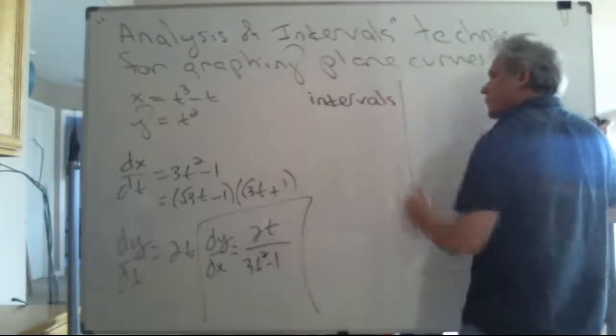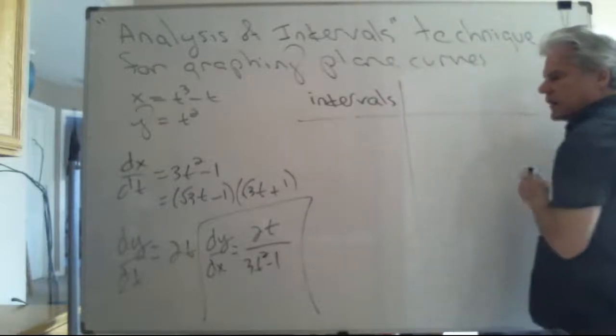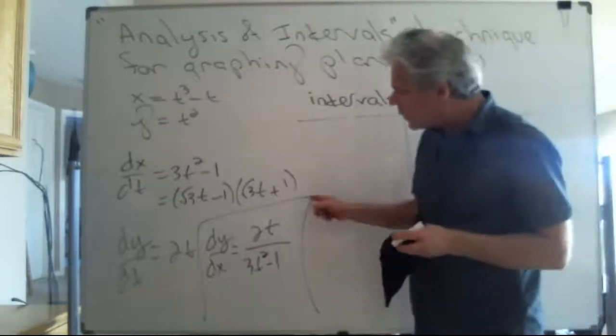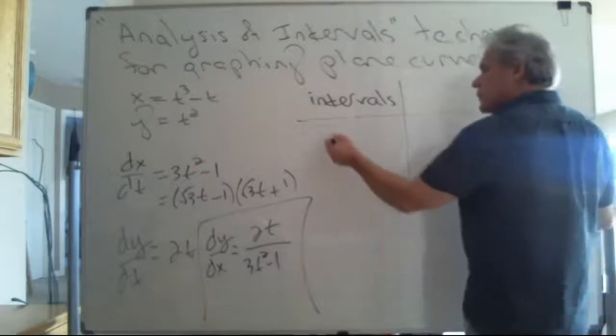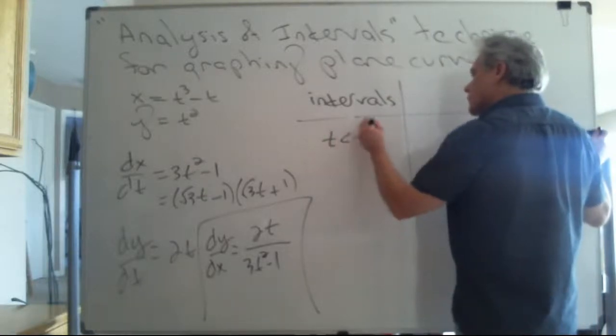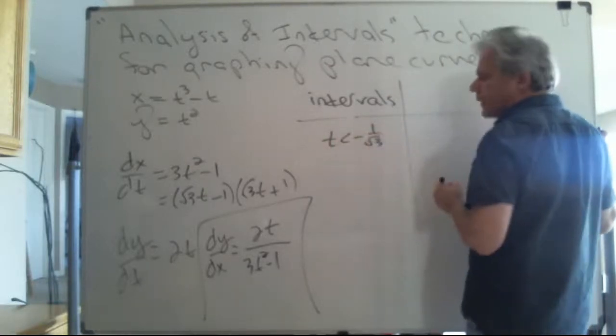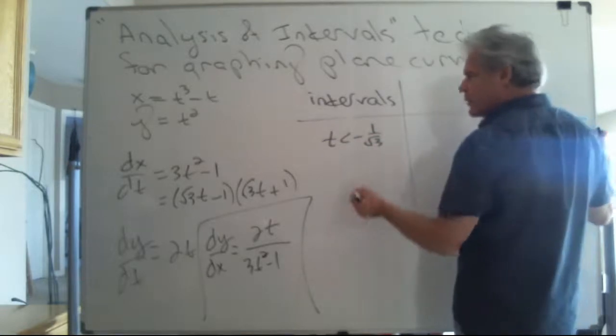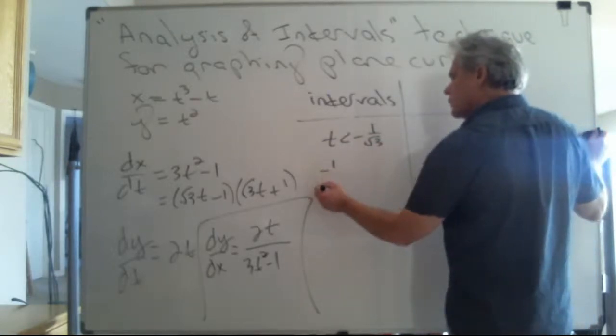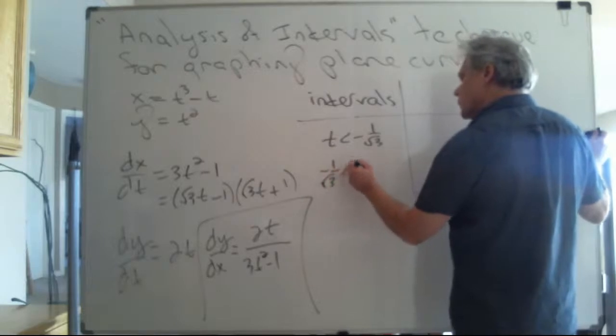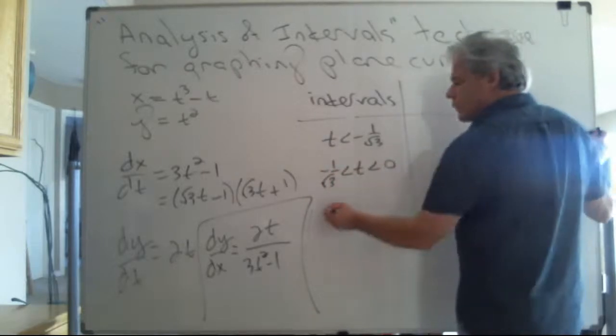For t. So let's see, I had three critical numbers, didn't I? The smallest of which is negative 1 over root 3. So let's look at this interval. And the next critical number is at t equals 0. So let's look from here to here. Then from here to here.